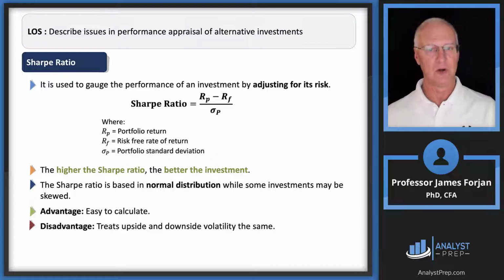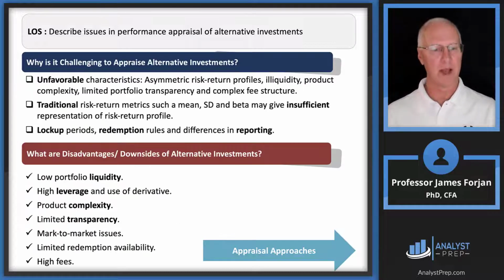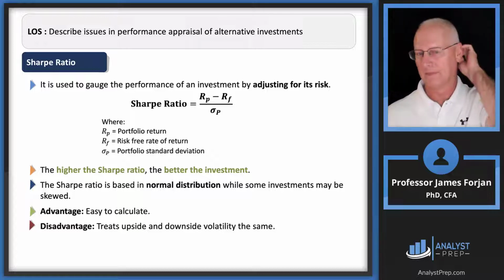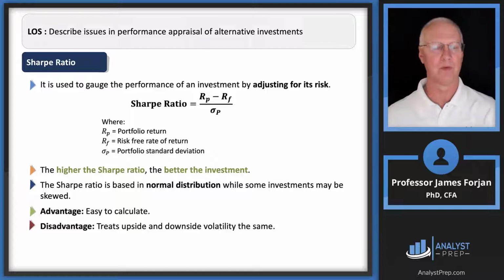But in the alternative investments market, here, let me go back here. Because of all of these disadvantages, alternative investments are probably not nearly normally distributed. In fact, they might be far away from normal distributions. So we need to think of skewness and kurtosis in there. And so the Sharpe ratio might not be the best way to evaluate the performance of an alternative investment.